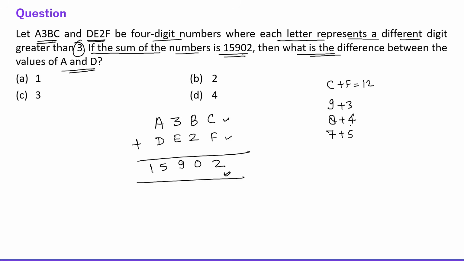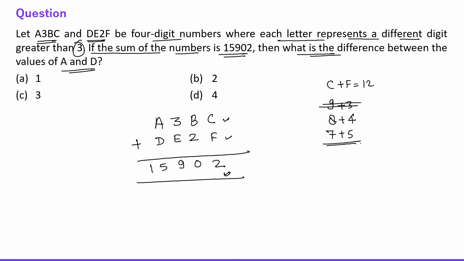But since all are greater than 3, as the question says, they can't be 9 and 3. So they can be 8 and 4 or 7 and 5. That's it. We will use this information later.